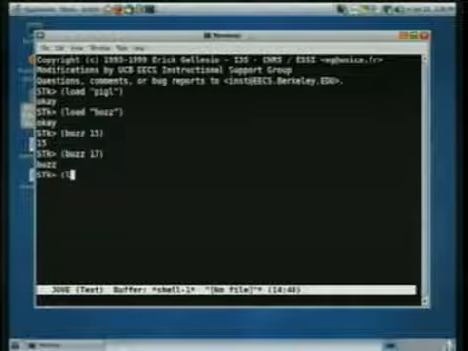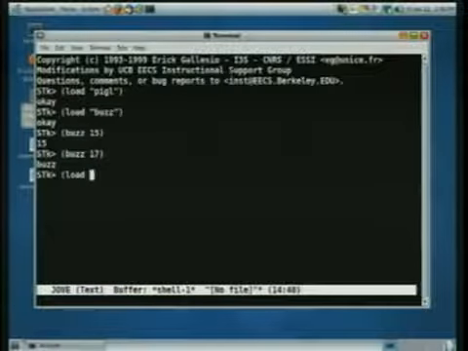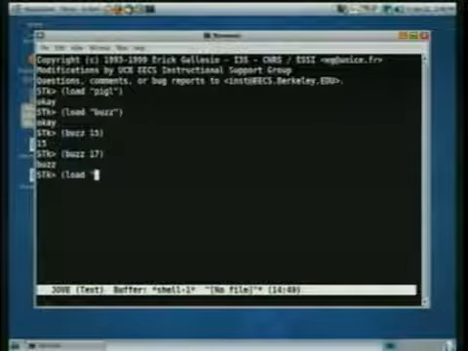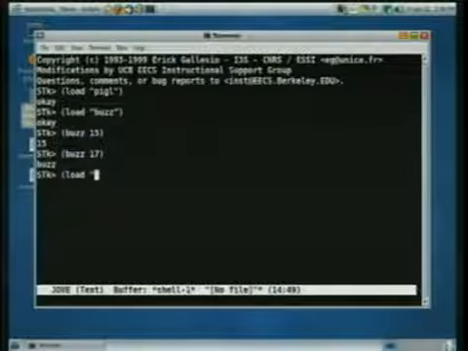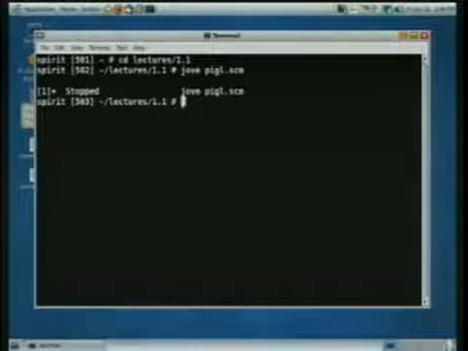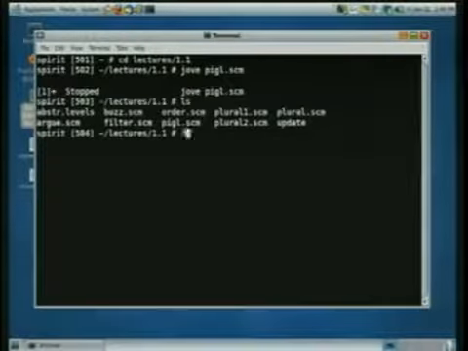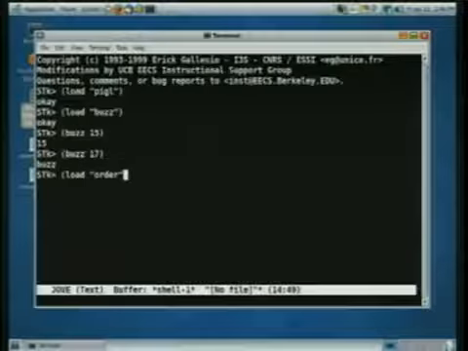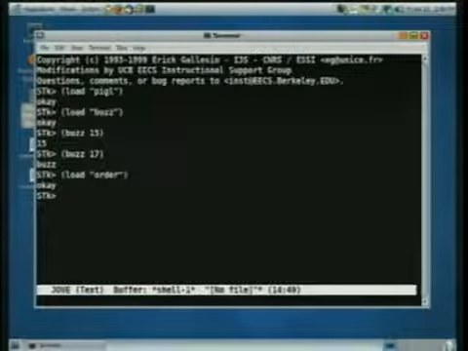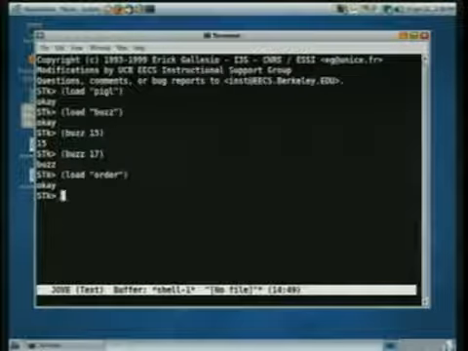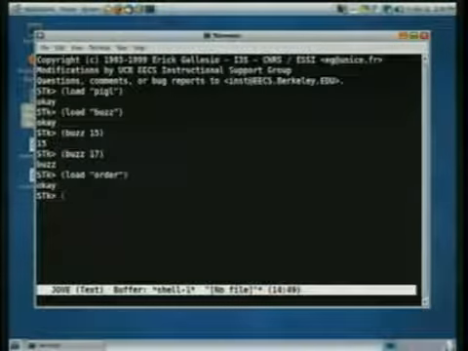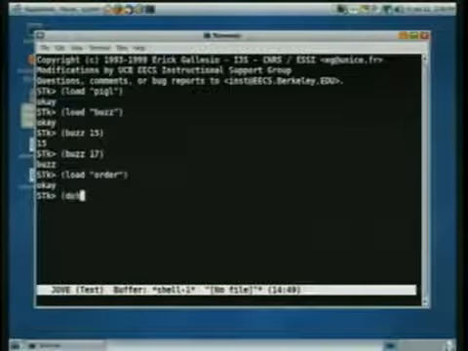I'm going to load in a little Scheme interpreter. I'm going to define a couple of functions just like in my lecture notes.